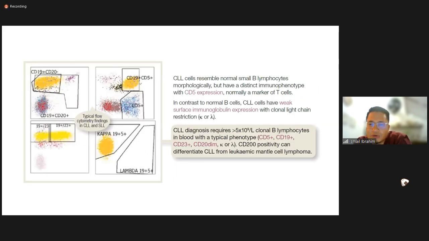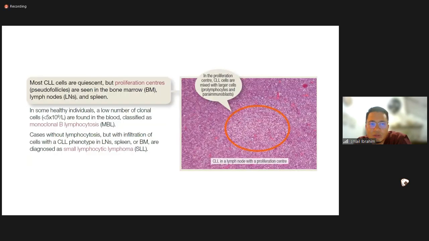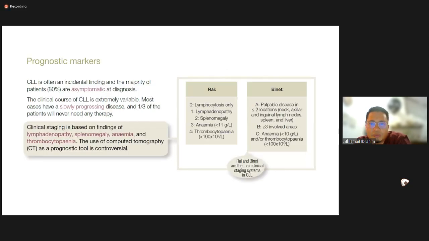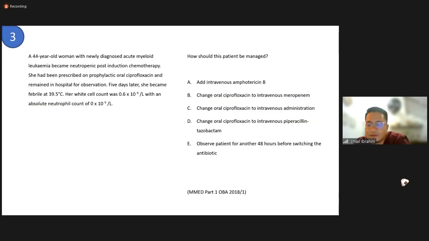We mentioned flow cytometry early on, I'm not going to go into detail about it. So we can diagnose them using flow cytometry. I mentioned it can be a lymph node manifestation, and it will be named as small lymphocytic lymphoma. We prognosticate them based on the Rai and Binet staging, as well as we can use the cytogenetics.